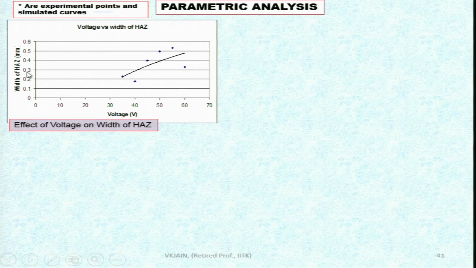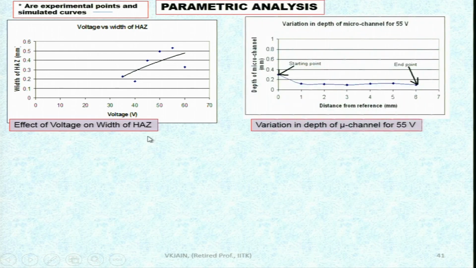So, width of heat affected zone is affected by the voltage that is applied across the electrodes, and you can see these points show the actual experimental results, and this is the fitted curve, and we can see clearly that the width of heat affected zone is increasing as voltage is increasing. So, effect of voltage on width of heat affected zone.